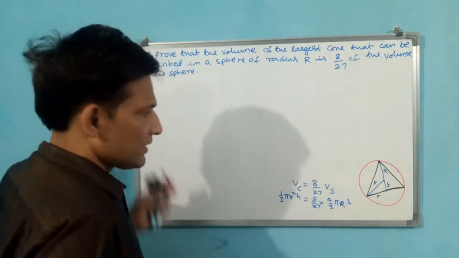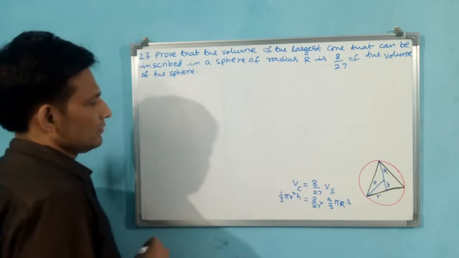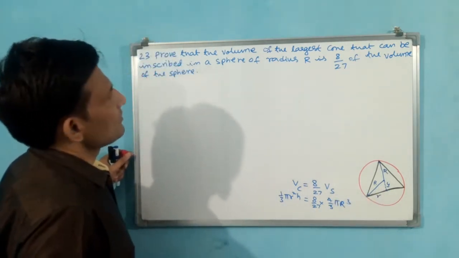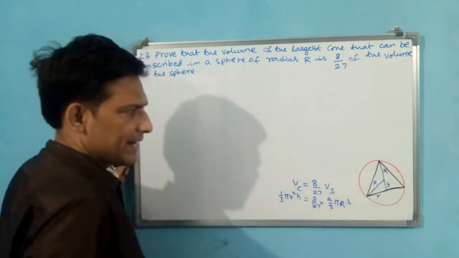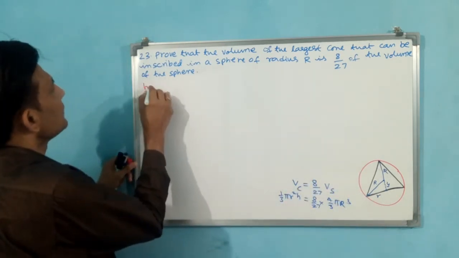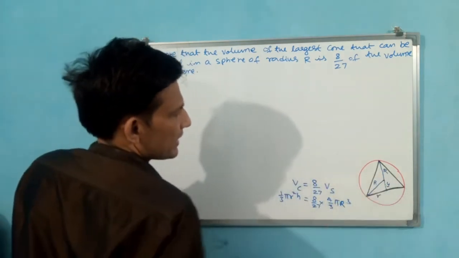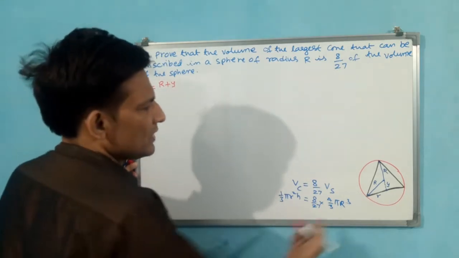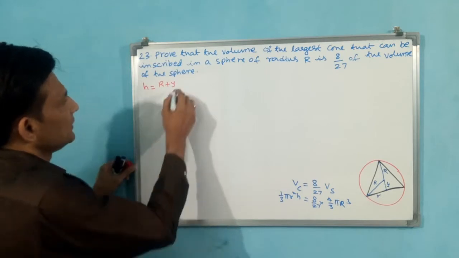Let us do it. See how I am doing. Prove that the volume of the largest cone that can be inscribed. Before volume, first find the height. Height h is equal to R plus y, the height of the cone. We will do the cone only; automatically finally we will get the sphere value. R plus y.